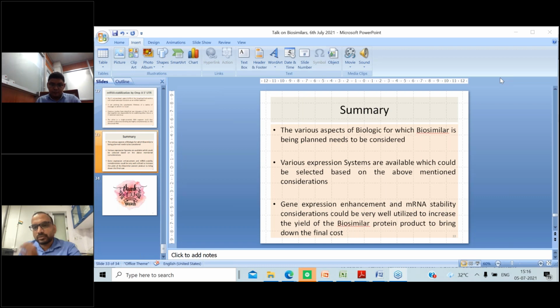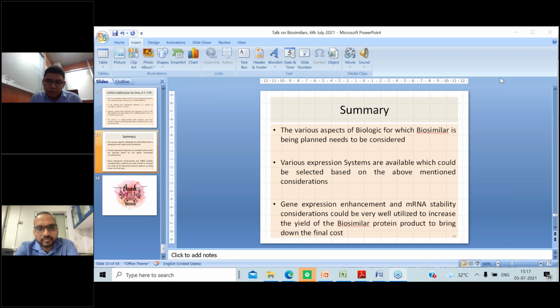Which is the most widely used or accepted vector system for biosimilar production? That is a very difficult question to answer, because these are classified information of the companies. What people generally do is take elements like the promoter element. If you're talking about mammalian expression systems, the CMV promoters are mostly used.